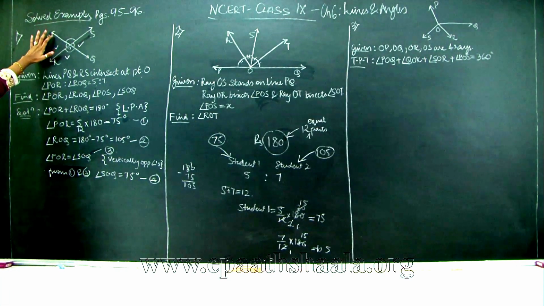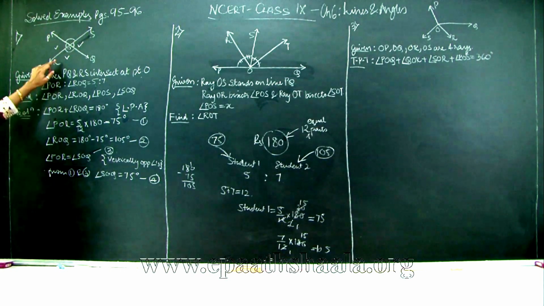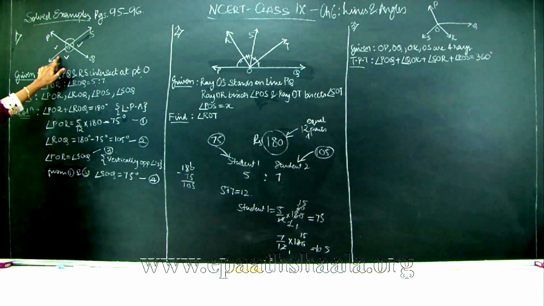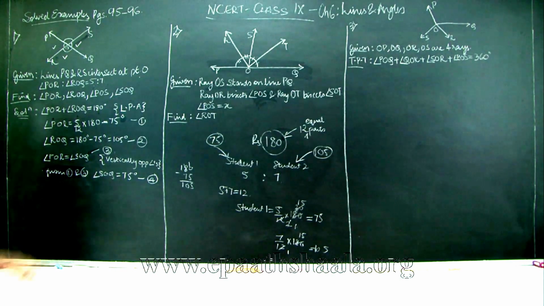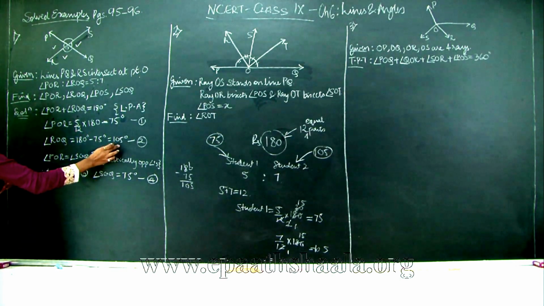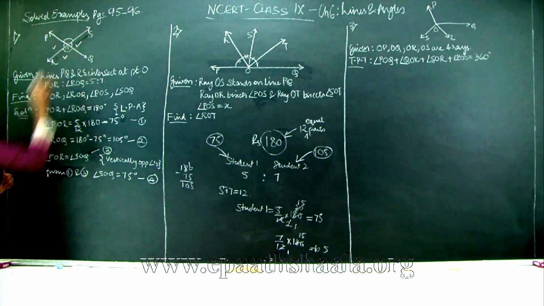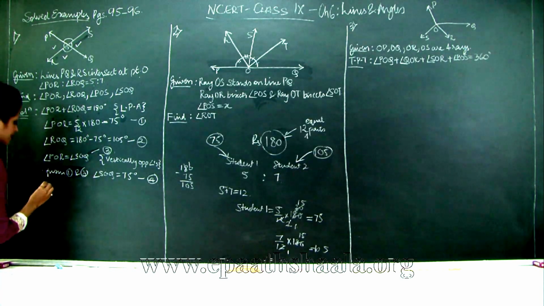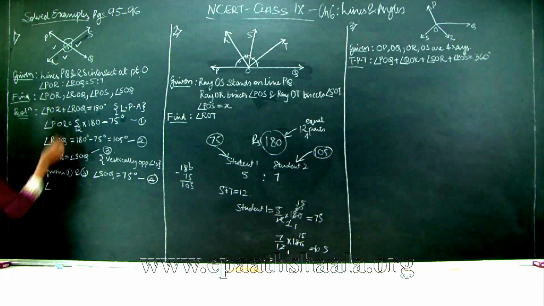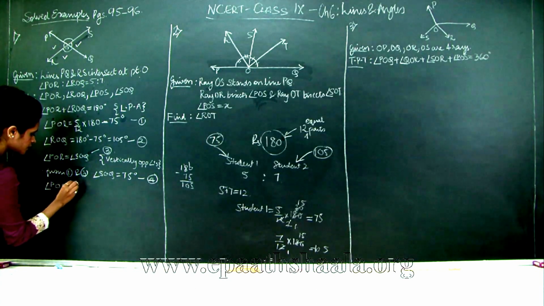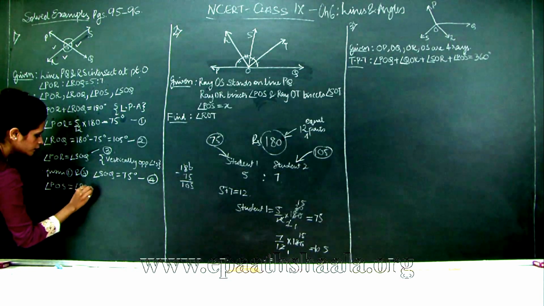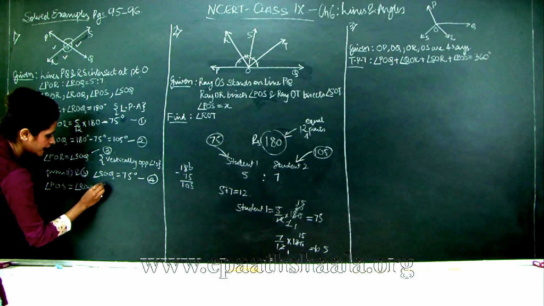Finally, we need to find the measure of angle POS. Now, POS is vertically opposite to angle ROQ. Therefore, it is going to be equal to angle ROQ. But what is angle ROQ? It is 105 degrees. Therefore, angle POS is going to be 105 degrees. Let's write this down. Angle POS is equal to angle ROQ. Why?